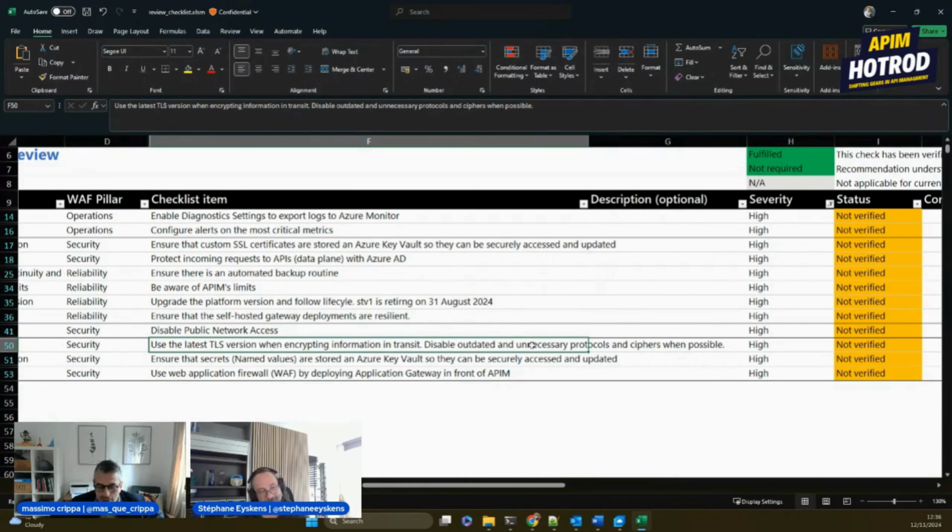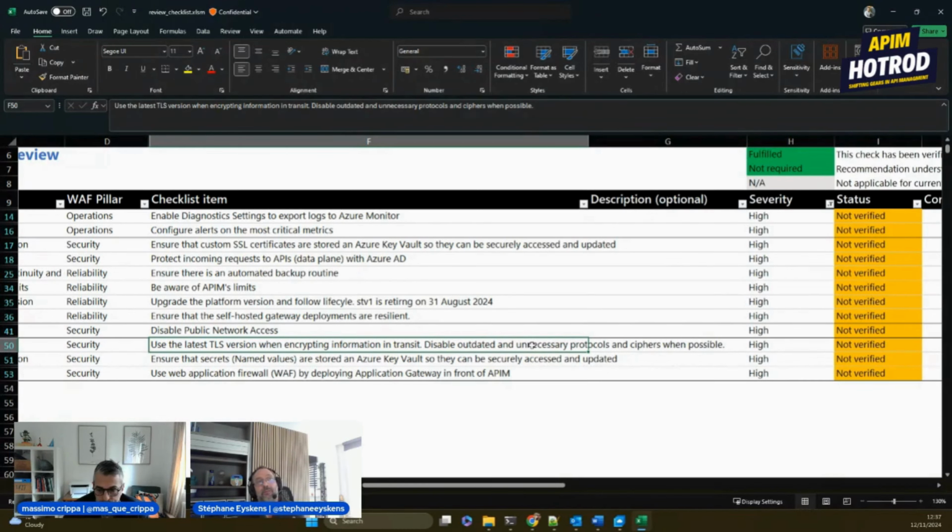Let me say something on this. So this in general is a best practice, right? So if you do an assessment and you propose, of course, a change for everything, there is a risk evaluation, right, that needs to be done. Of course. And in this case, changing the TLS version has a super direct impact on consumers. And not only the version, the ciphers as well, right?